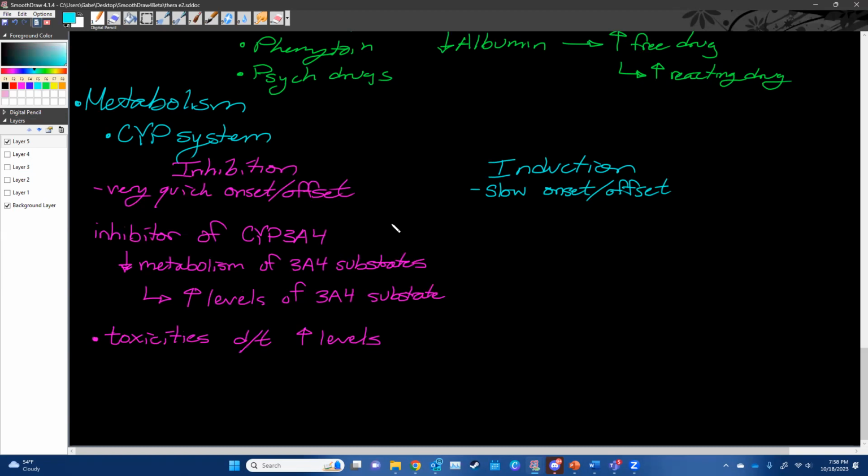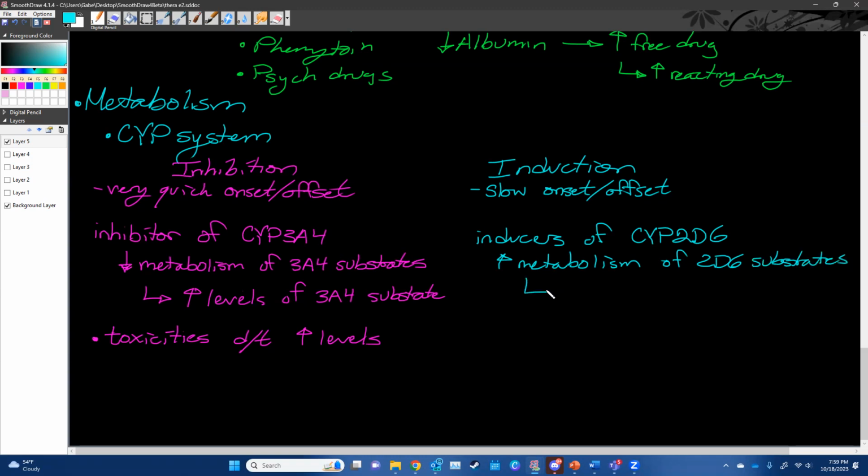In terms of induction, when we talk about inducers, what we are worried about is how increased metabolism of the substrates is going to lead to decreased levels of the substrates.